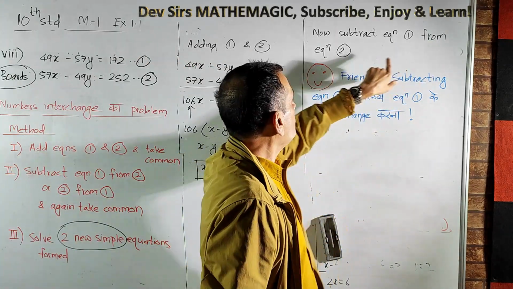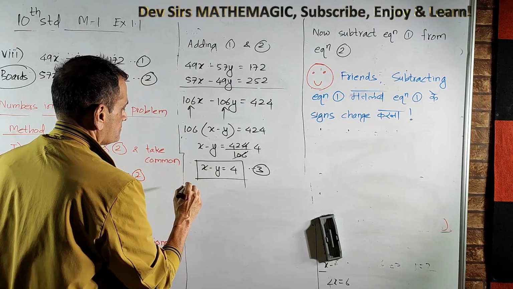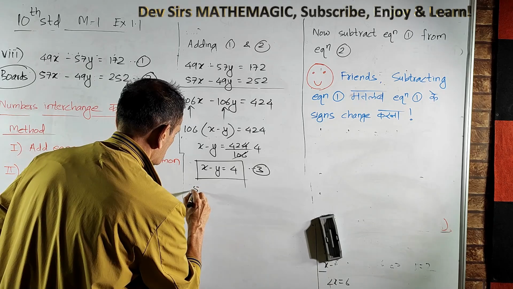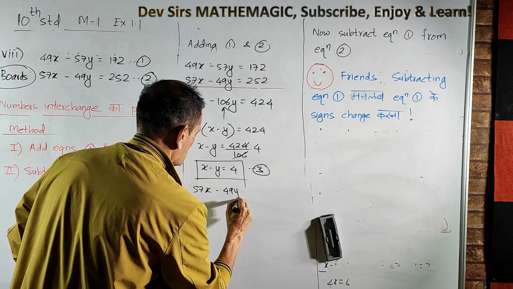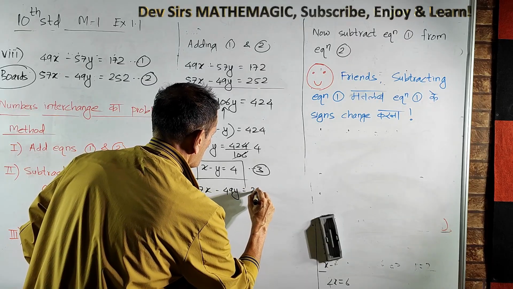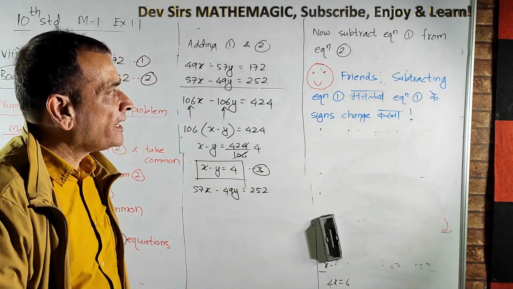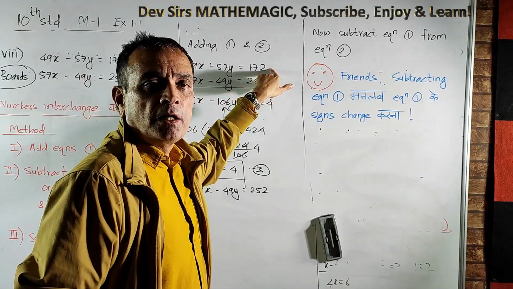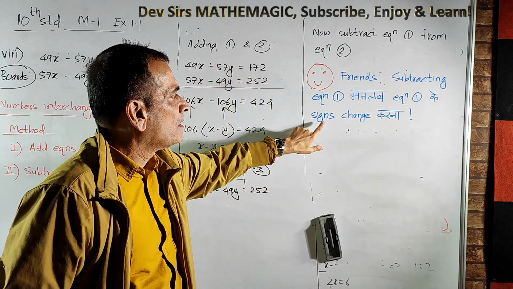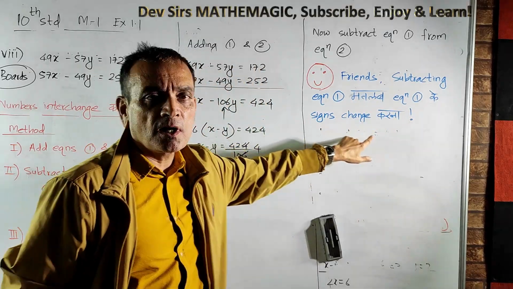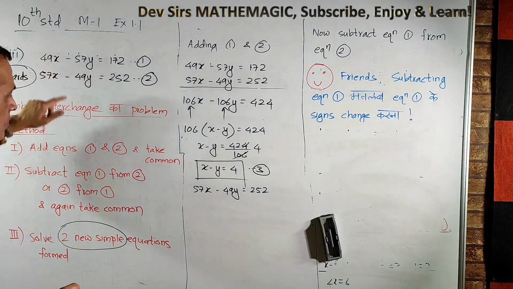So from equation 2, write equation 2 first, without changing the sign. Now you are subtracting equation 1, so change the signs of equation 1.